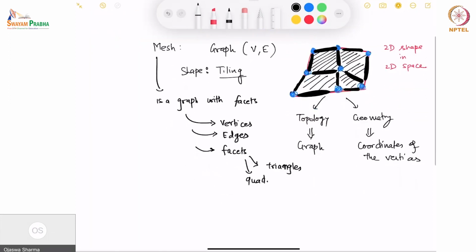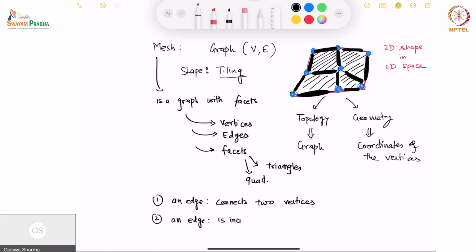Some of the obvious properties, I wouldn't say properties exactly, is that an edge always connects two vertices. I'll number them. An edge is incident on two facets always, right?